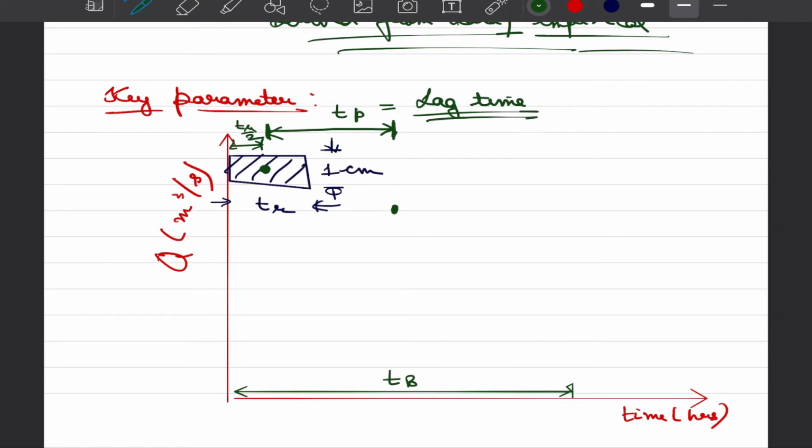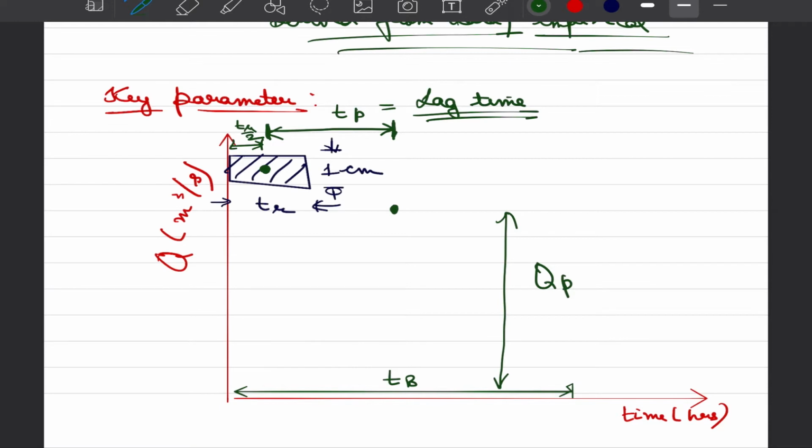The physical interpretation of lag time is that once precipitation happens, it represents how much time the farthest drop of water would take to reach the point where we are measuring the discharge, which is typically the mouth of the watershed. In addition to where the peak is occurring, we also need to know the magnitude of the peak, QP.